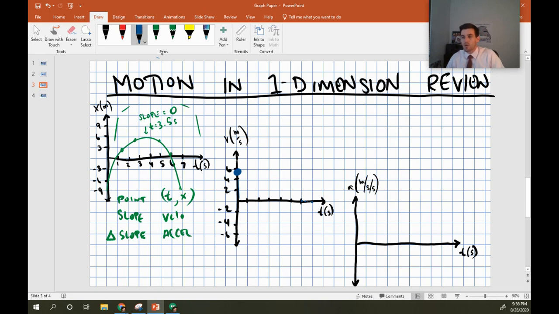Then right at 3.5, I have a slope of 0. That means that the object stops moving just briefly right there. So I briefly stop there, and then I start going south again, or down again in the negative direction. So there is the velocity versus time graph that would correspond to that.